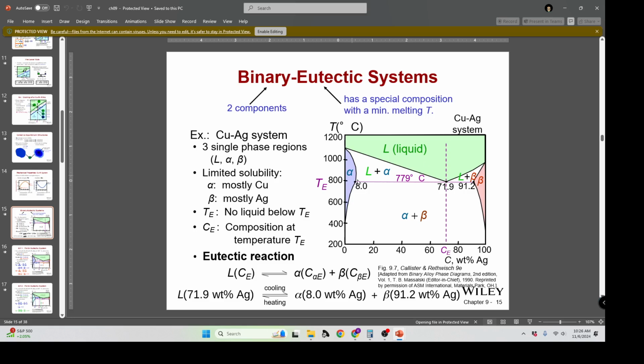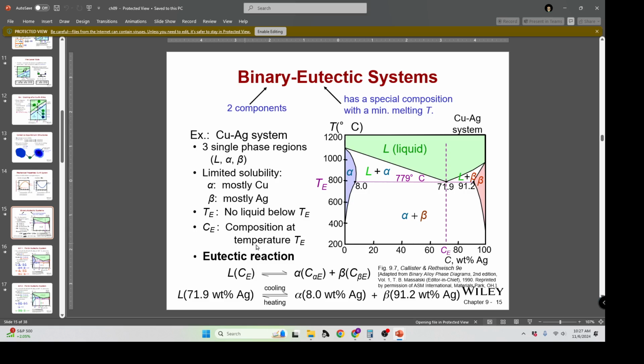So alpha phase is mostly copper, beta phase is mostly silver. Then you have the liquid phase, you have liquid plus alpha and liquid plus beta. And then below you have the solid, which is alpha and beta together, varied in ratio. So there's no liquid below the eutectic temperature for any reason.